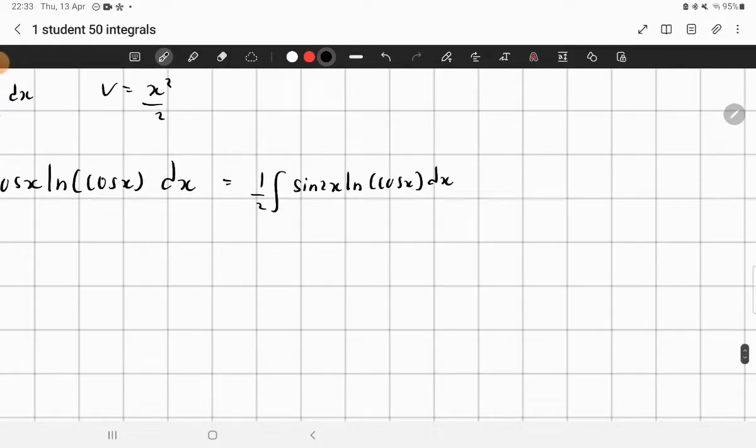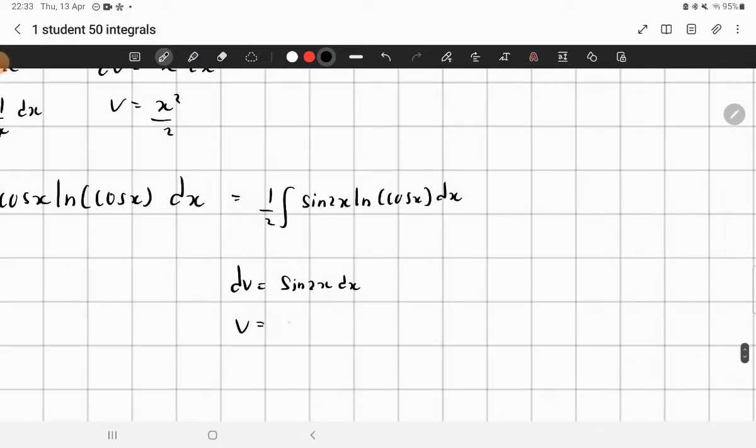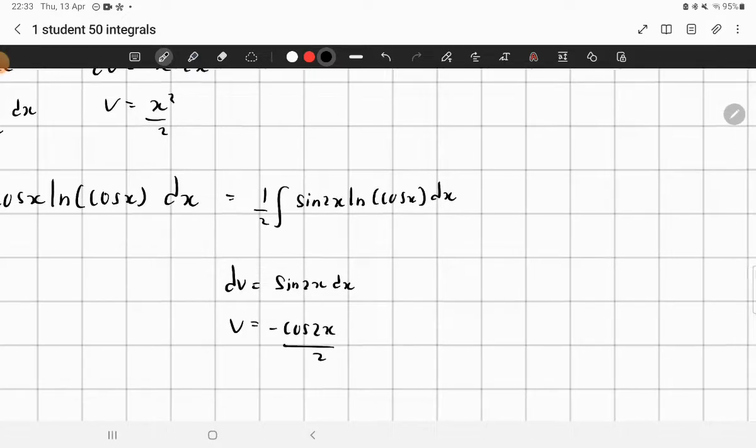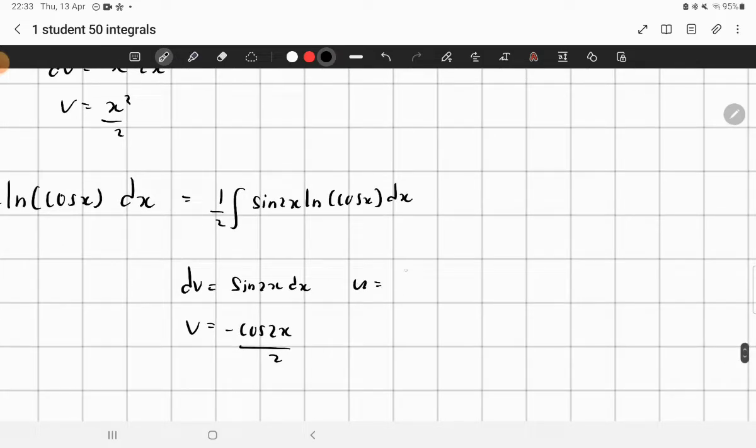Okay. Very nice. So let me use IBP, right? So my dv will be sine of 2x, so v will be negative cosine of 2x over 2. And then my u will be ln of cosine of x.